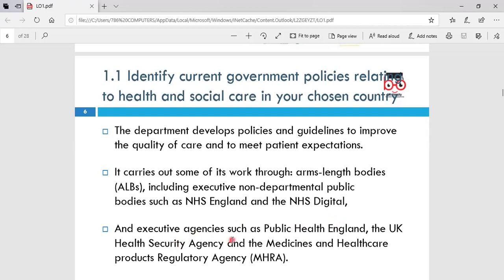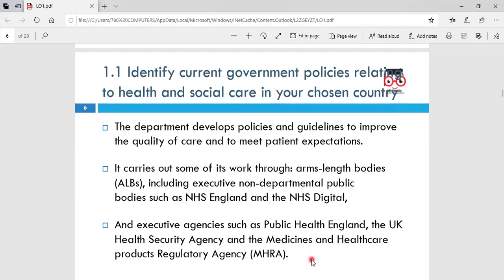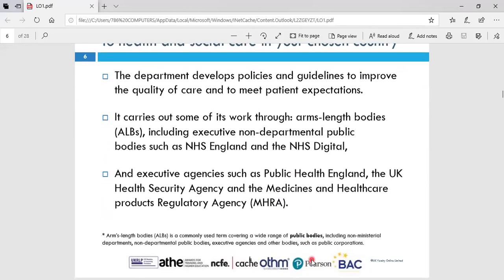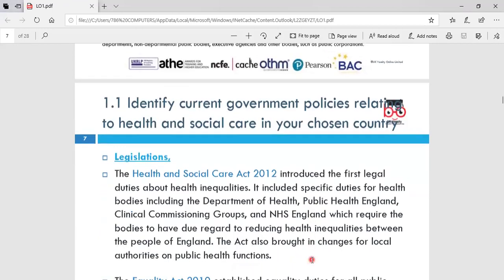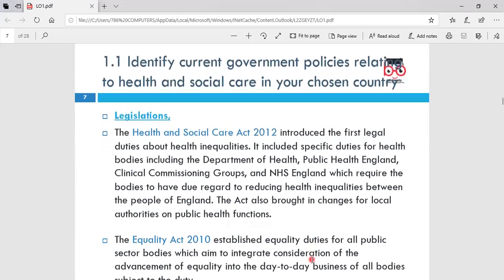And then you have executive agencies like Public Health England, the UK Health Security Agency, and the Medicines and Healthcare Products Regulatory Agency. These are all agencies that are working within the NHS. Different agencies have different functions, obviously.